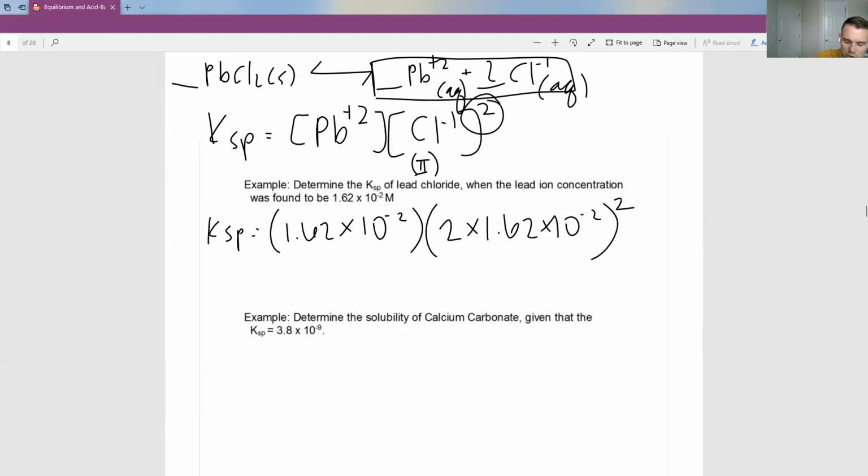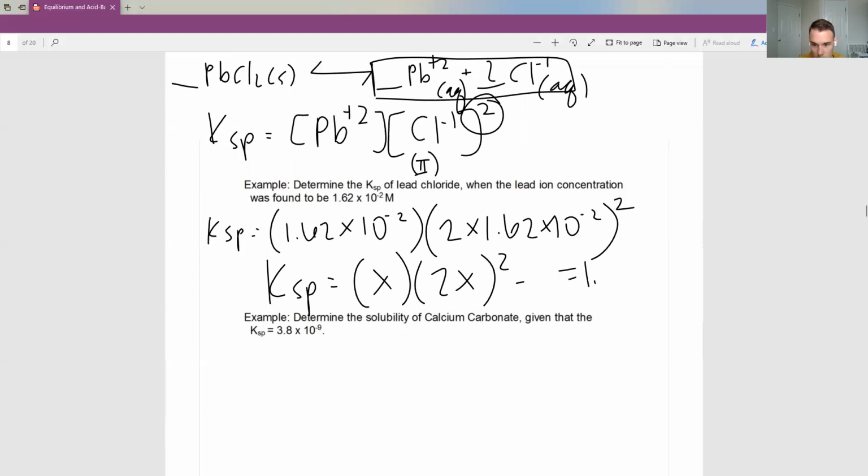So if I was to do this as a general thing, my Ksp looks like this. Again, we must look at our balanced equation, and then we have to look at our equilibrium expression. So the answer to this problem is 1.70 times 10 to the negative fifth. And again, remember, equilibrium expressions do not have units.